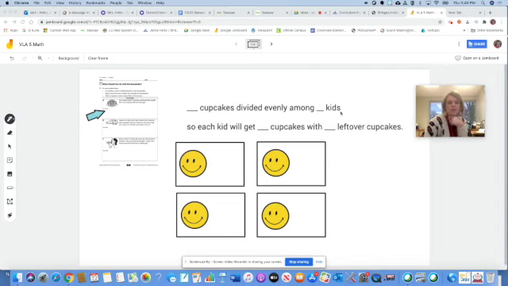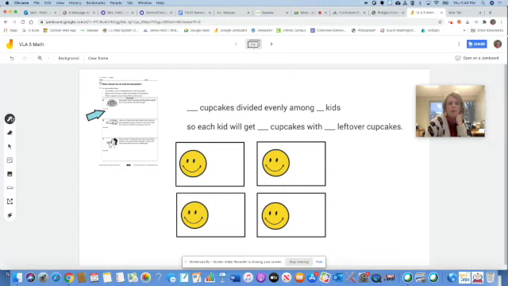And then we're going to fill that in. And then once you've done that, we're going to have to work this one out. And the way that I see we can work it out is by simply dividing out those 55 cupcakes.